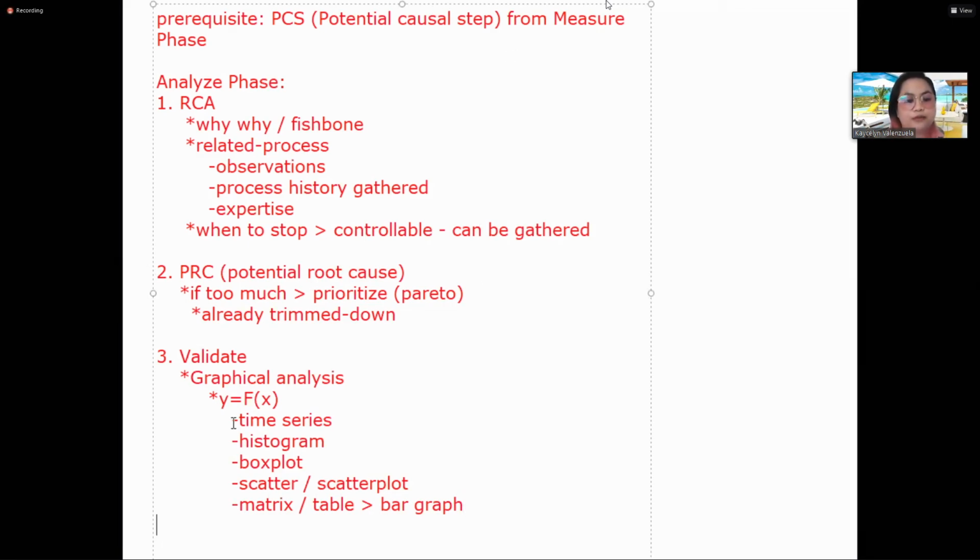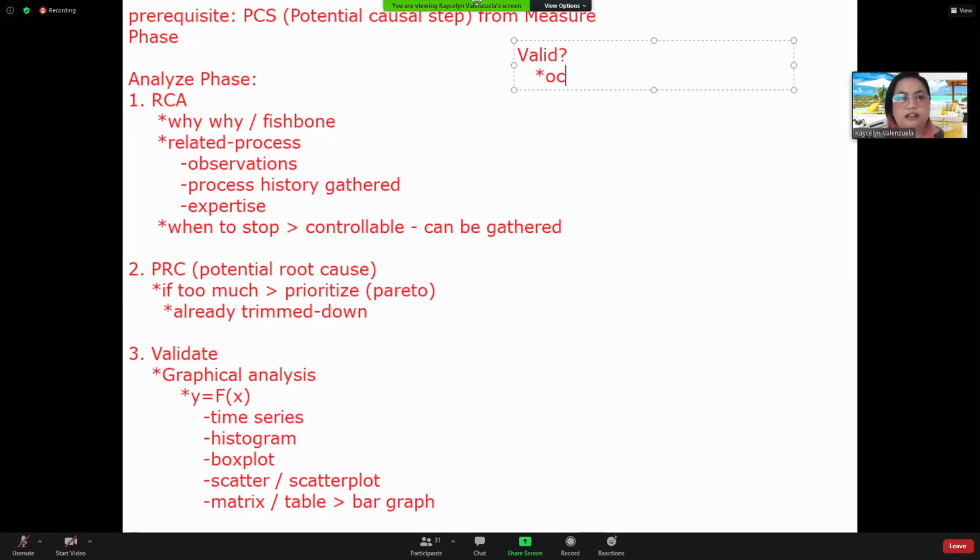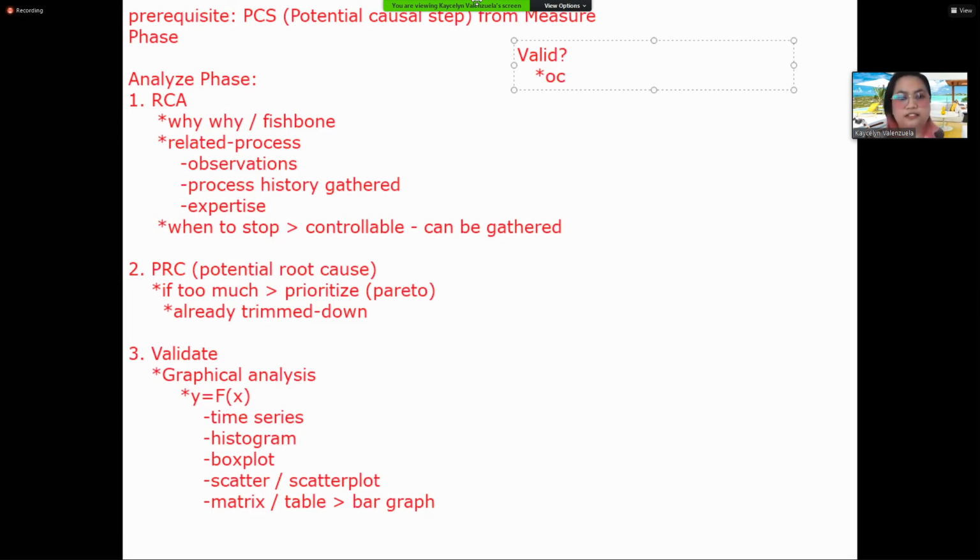Paano nyo malalaman kung valid siya or invalid? Guys, para malalaman if valid, bakit kailangan i-perform, okay? If it really occurred, diba? Ibig sabihin, may mapipresent kang data. And if what?